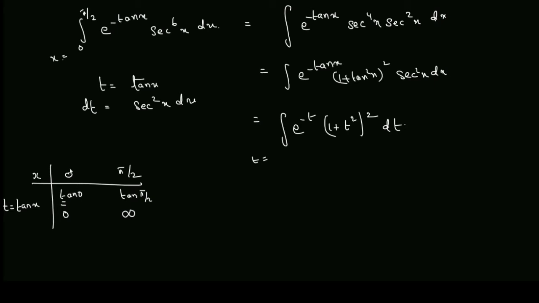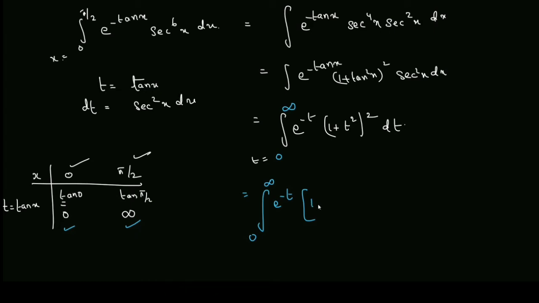So the x limit is 0 to pi by 2, and t will be from 0 to infinity. So that is integral 0 to infinity e power minus t.